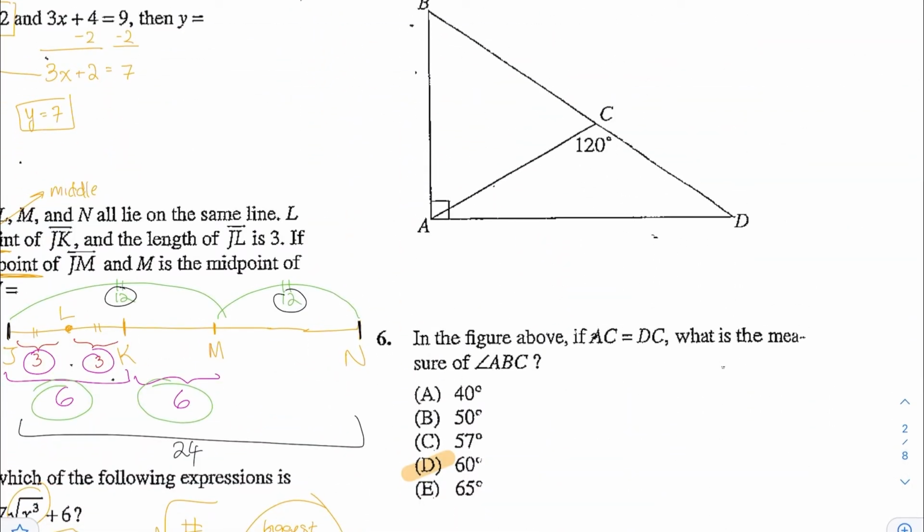All right, next for number 6, in the figure above, if AC is equal to DC, mark that up. What is the measure of angle ABC? All right, so here, triangle ACD is an isosceles triangle because two sides are equal.